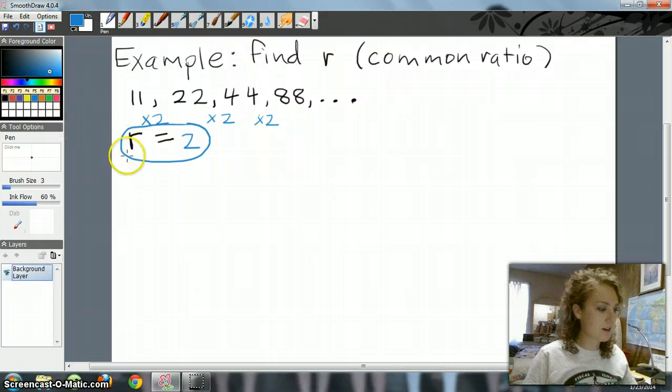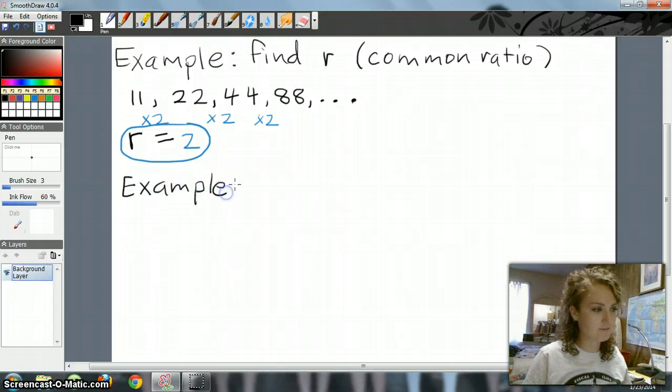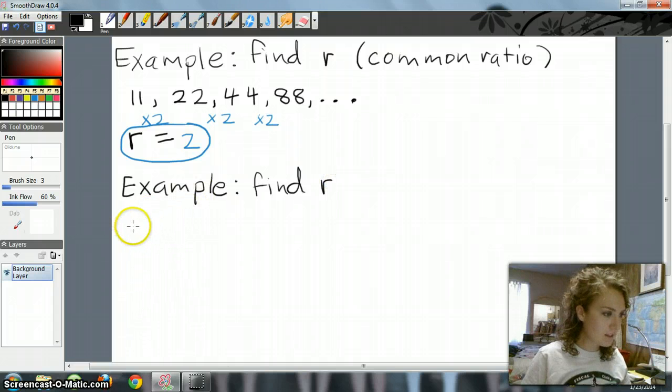Okay, let's try another example. That's a little bit more difficult because we're progressing. And I'm going to say find R. This time we'll start out with 27.